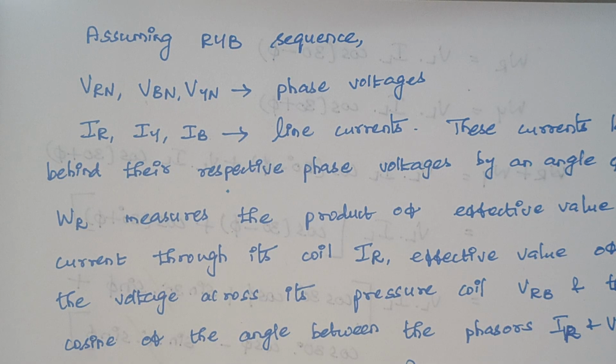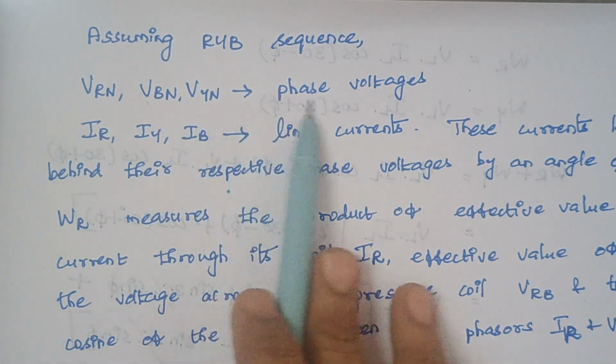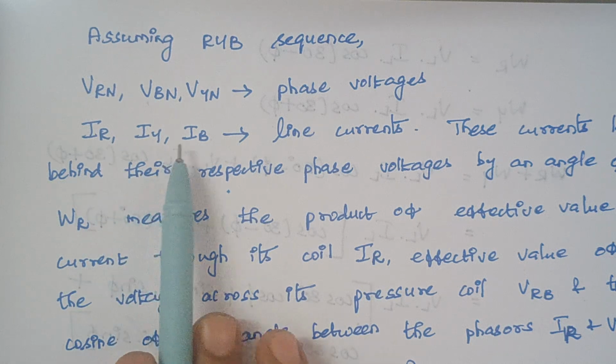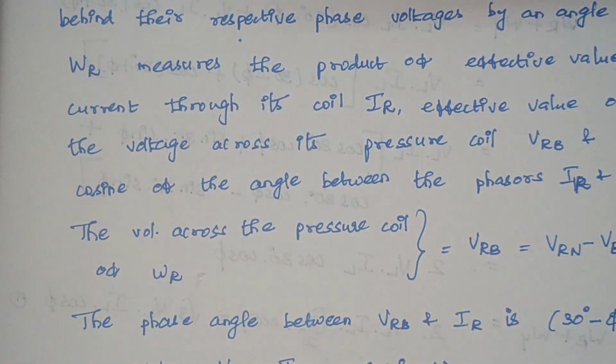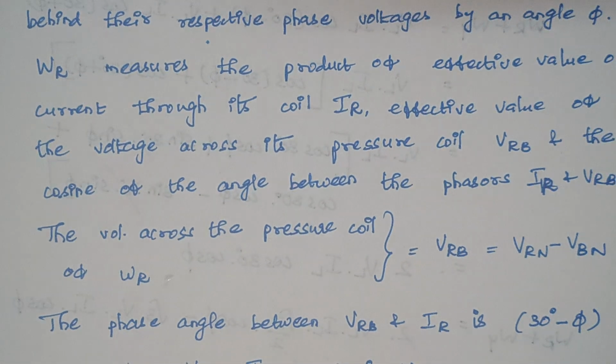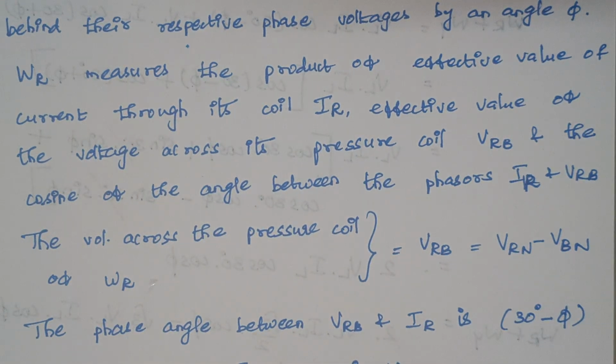This is just the explanation of this vector diagram. VRN, VYN and VBN are phase voltages, and IR, IY and IB are the line currents. Just now we discussed the voltage measured by wattmeter WR. The voltage measured by this wattmeter is VRB, which can be written as VRN minus VBN.